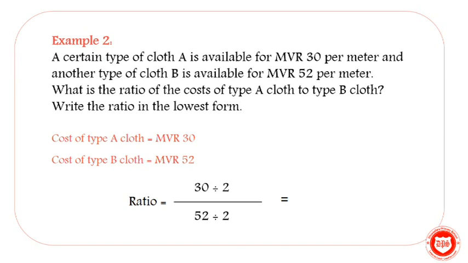So 30 divided by 2 and 52 also divided by 2 is equal to 15 by 26. And this is the lowest term. We cannot reduce this again.